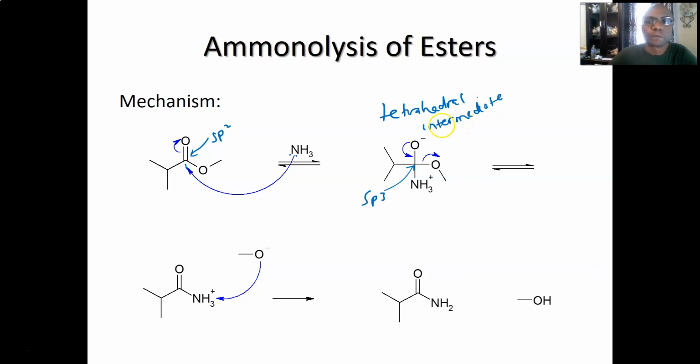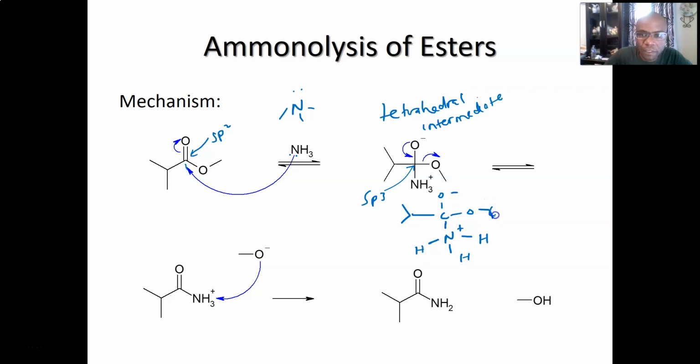Okay. And now, since nitrogen is comfortable with 3 bonds, now it has 4 bonds. If you draw this structure, you realize that the nitrogen now is bound to 4 bonds, the 3 hydrogens and the carbon. So the nitrogen will have a plus charge.